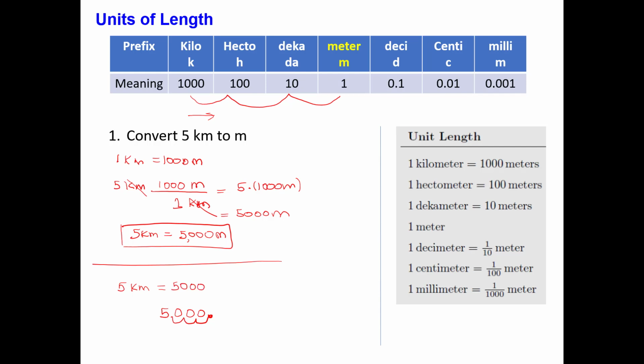And because the unit now is meters, here it is in meters. Then what we need to do is just to see how many columns we need to move here to get the unit we want. If we move to the right, then we also move the decimal point to the right. How many places? 1, 2, 3. We will do the same here, 1, 2, 3, and then we had the same result we had on top.